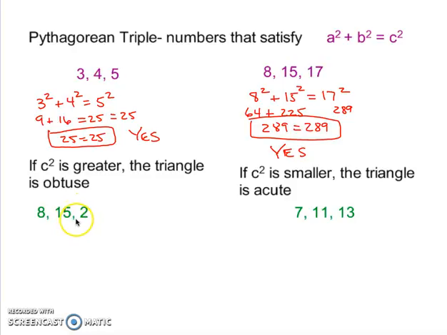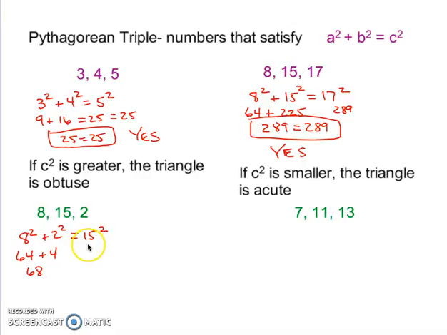So if I set up Pythagorean theorem, we would have 8 squared plus 2 squared equals 15 squared. I get 8 squared plus 2 squared, which is 68, so we can write that down and say 64 plus 4 would be 68.